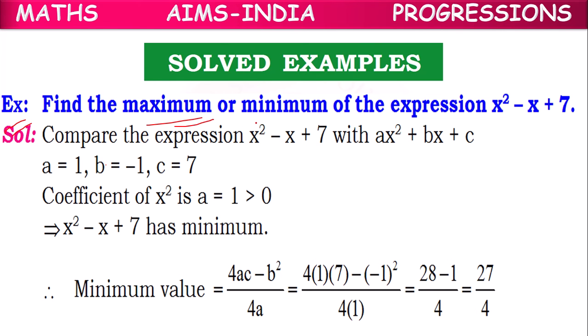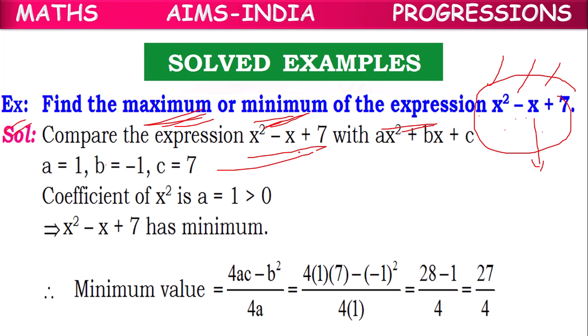Find the maximum or minimum of the expression x square minus x plus 7. We have to find the maximum value or minimum value of the quadratic expression. If we compare the given quadratic expression with the general form ax square plus bx plus c, in the place of a we have 1, the x square coefficient is 1.